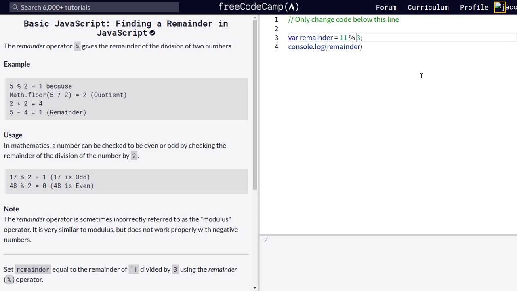The quotient is 3, and then 3 multiplied by 3 equals 9, and 11 minus 9 equals 2. The 2 is the remainder of this, so 2 is the remainder.